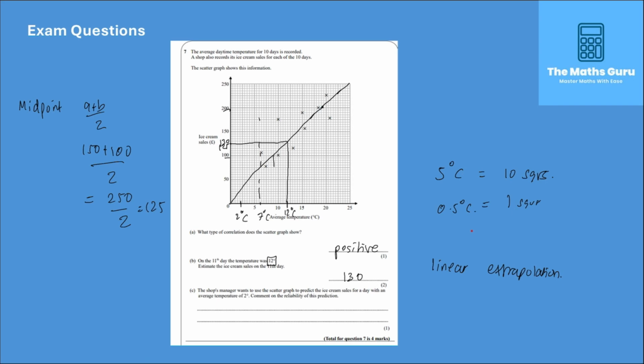We would then be predicting outside of the range of data. So we can say that it would not be a reliable prediction as 2 degrees Celsius is outside our range of data.